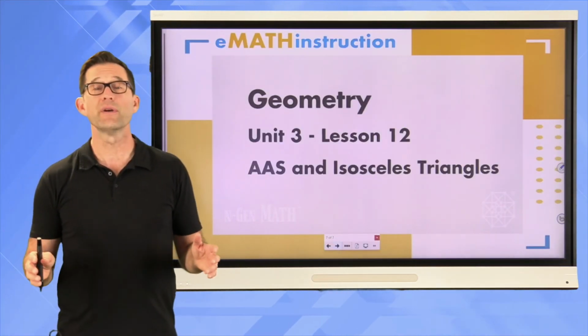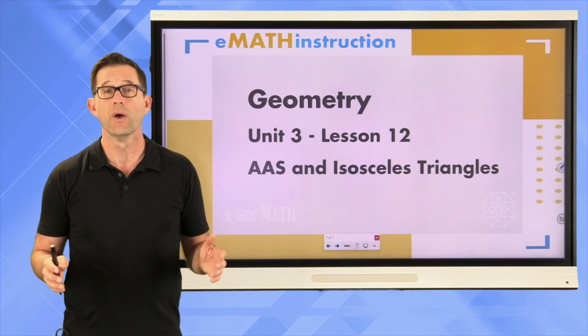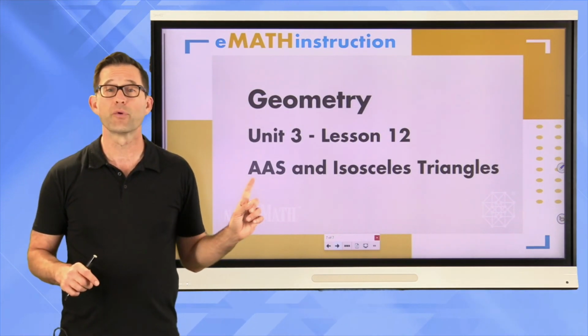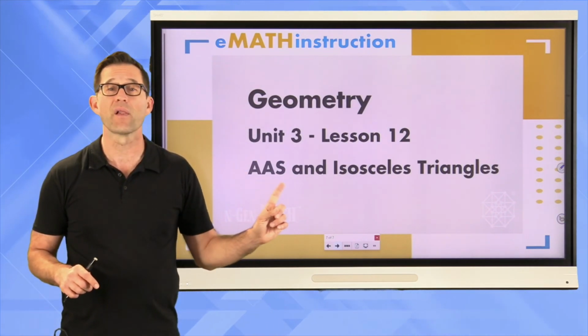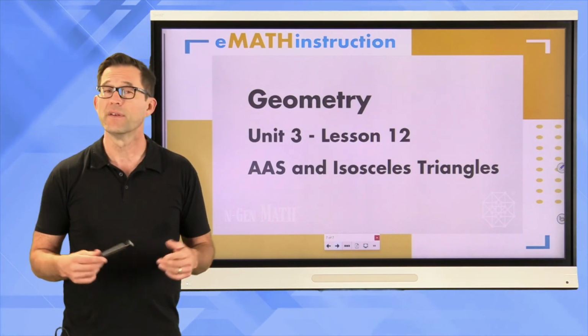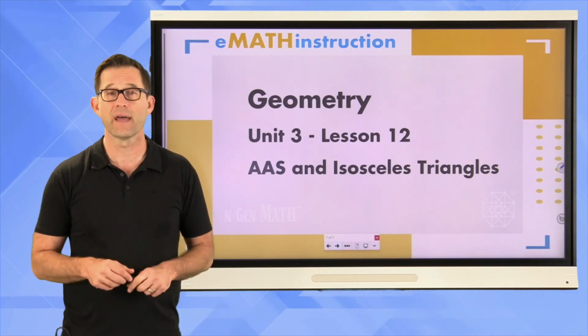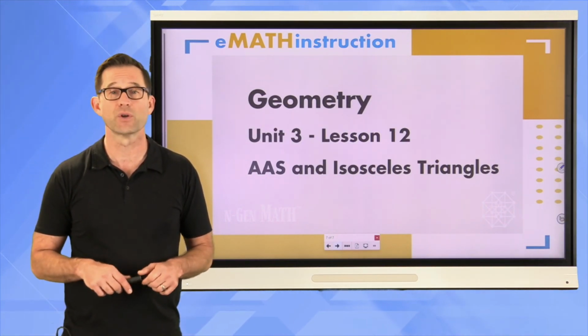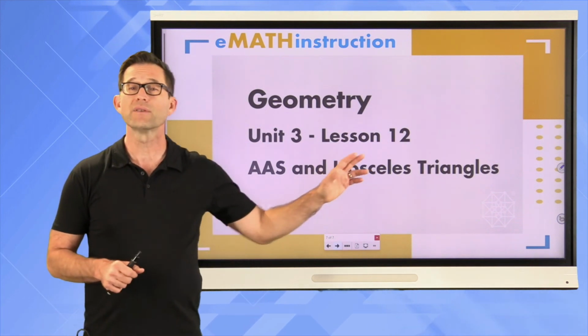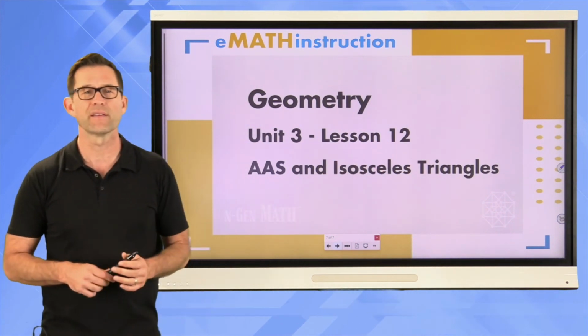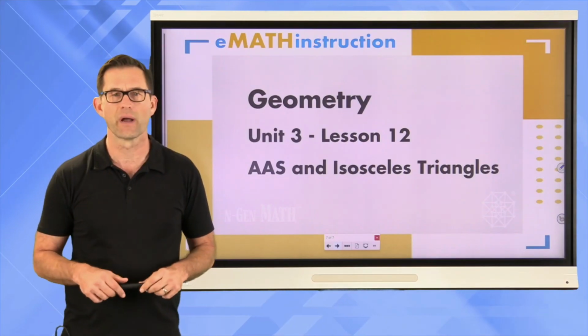We saw a few different things in today's lesson. One was a brand new way of proving two triangles are congruent, the angle-angle-side theorem, and we went in depth into the difference between that theorem and angle-side-angle. Make sure you understand that. We then looked at two important ideas that revolve around isosceles triangles.